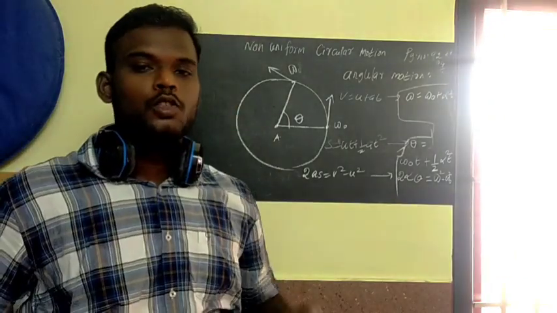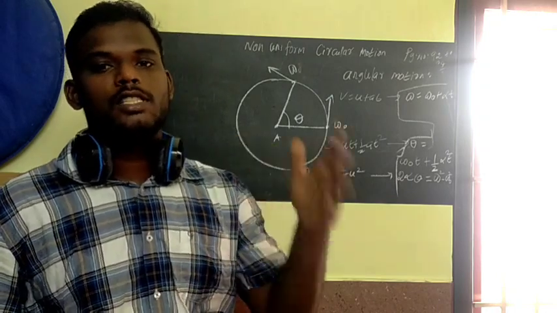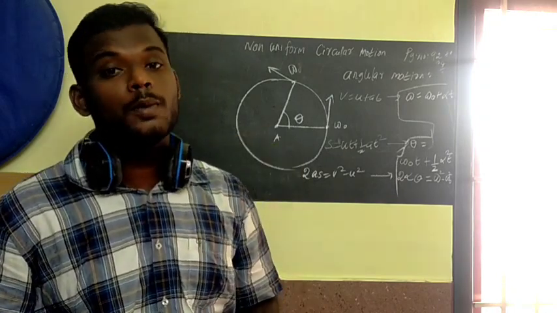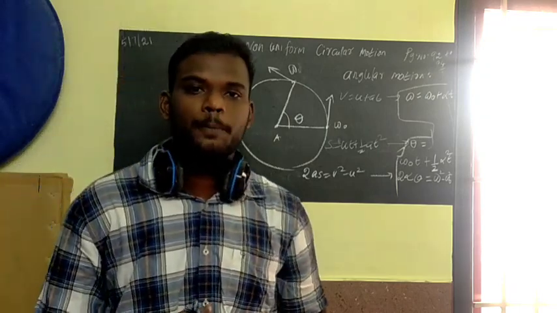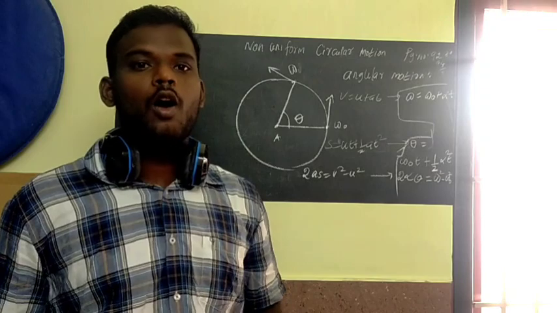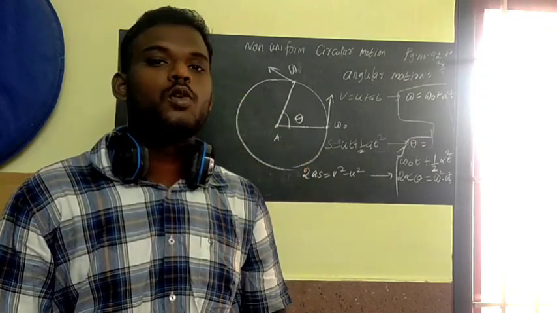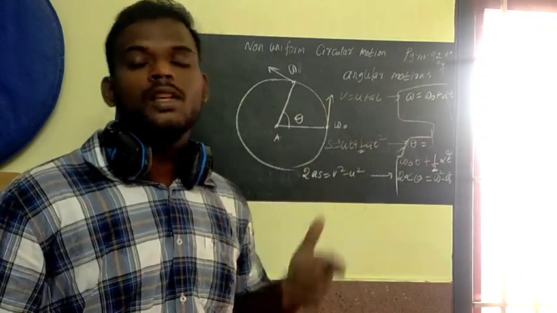So first of all we discussed what is meant by uniform circular motion, the difference between uniform circular motion and non-uniform circular motion, and also how non-uniform circular motion varies from uniform circular motion.